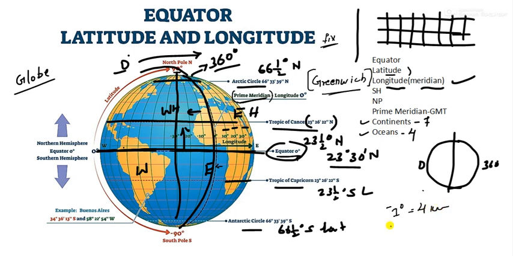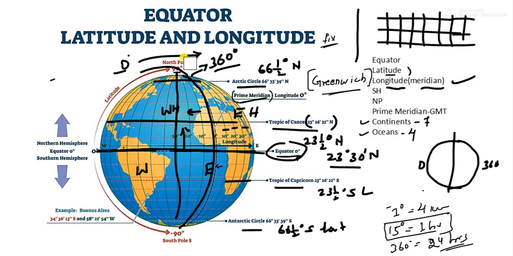Similarly, for 15 degrees there is a difference of 1 hour, and for 360 degrees there is a difference of 24 hours. So they also help us fix the time of a location. We'll learn about that in an upcoming video.